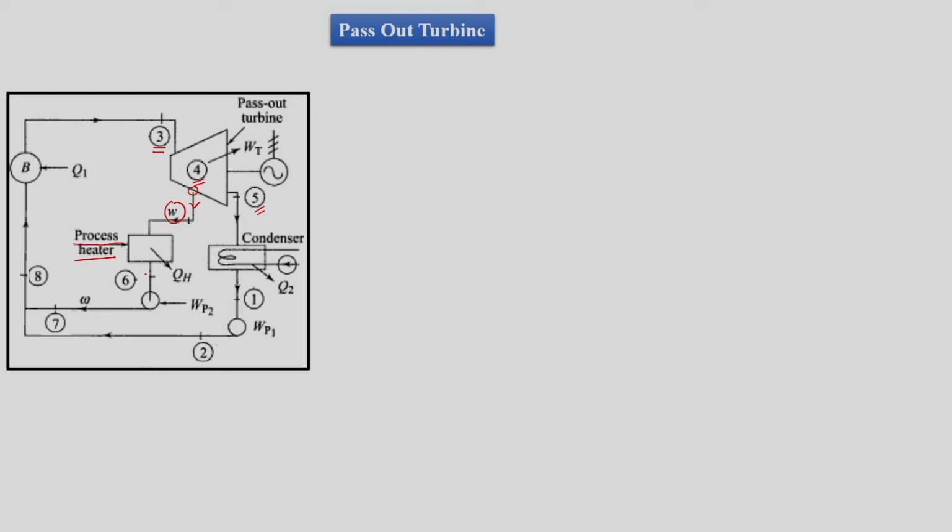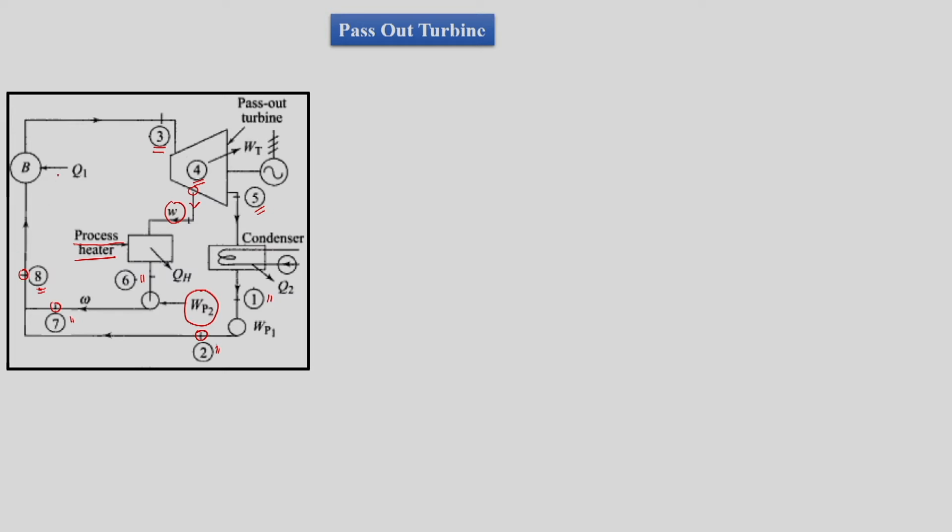After process heating, we get saturated liquid, and that saturated liquid will be pumped forward, as we do in the pumping forward regeneration case, and that water will mix with the water pumped from 1 to 2 in the condenser pump, and then the mixture will retain state 8. Here pumping is between 6 to 7, then state 7 is mixed with state 2, and then we have state 8.